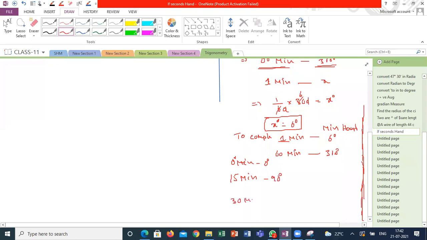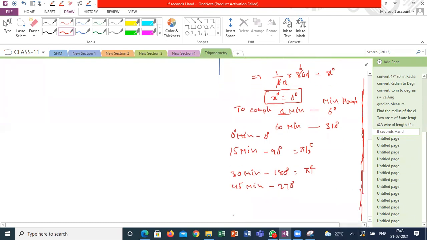For 30 minutes, it will be 180 degrees, that is pi radians. For 45 minutes, it will subtend 270 degrees. And for 60 minutes, it will subtend 360 degrees. So again, it is coming back to its original position. Like that, you can remember.